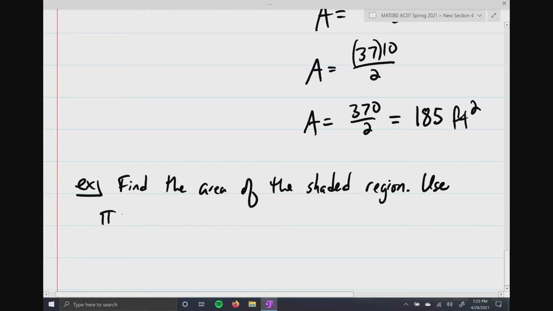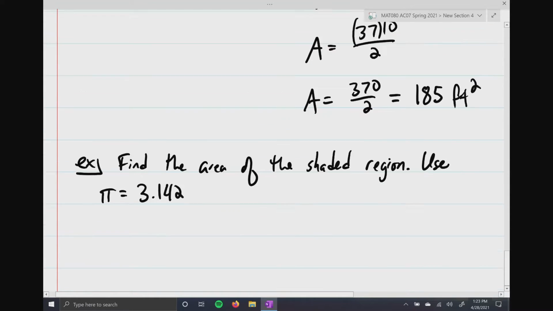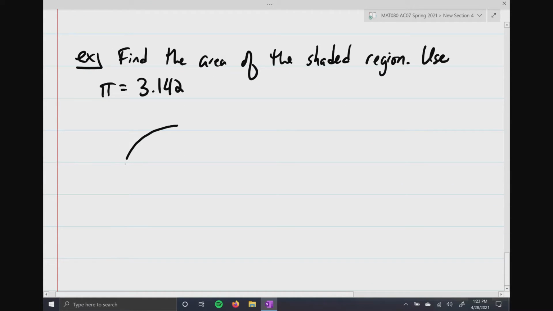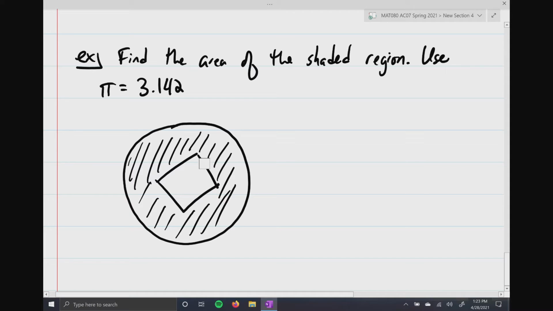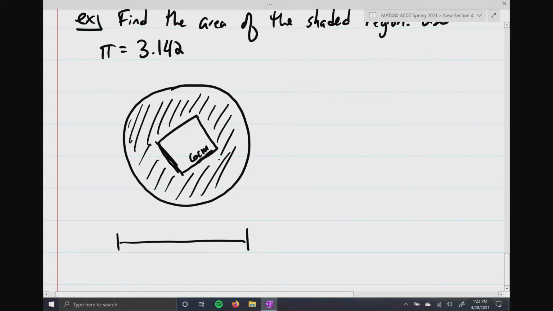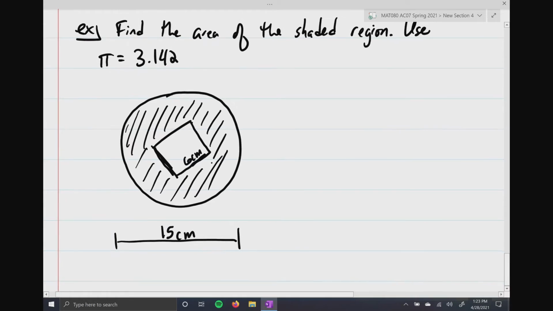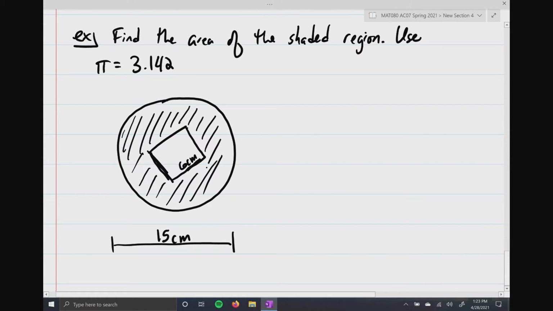Use pi equals 3.142. So find the area of the shaded region.